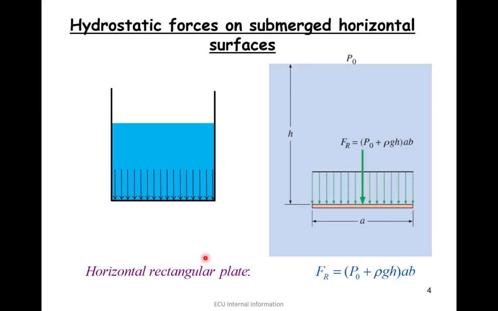When we have a submerged surface that is a horizontal plane like this, we know that the hydrostatic pressure at any point along this surface is estimated as rho gh, where h is the height of liquid, g is gravity, and rho is the density of the liquid inside this container.